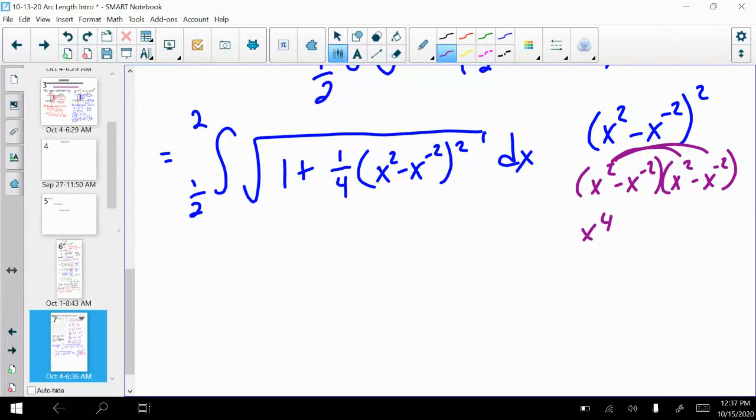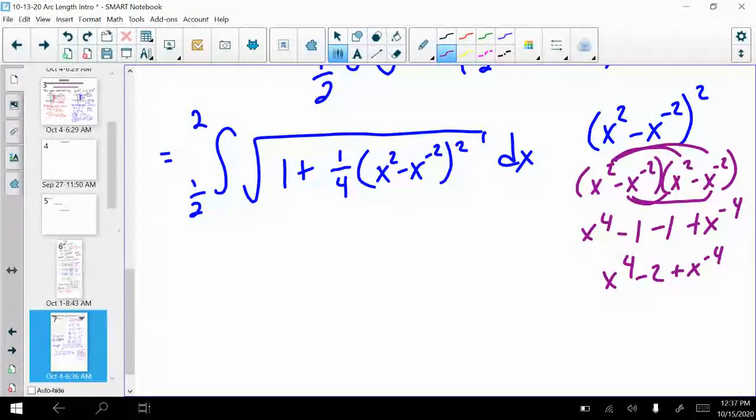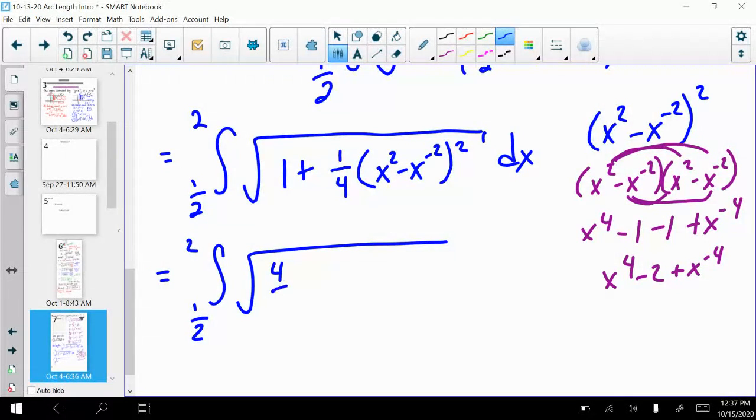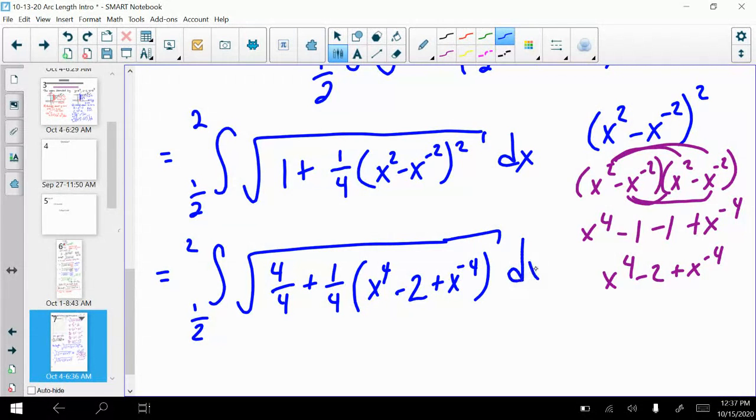And this becomes x squared times x to the negative 2, which is just minus 1, plus x to the negative 4th, which gives me x to the 4th minus 2 plus x to the negative 4th. You follow that? So here we're at 1/2 to 2. I'm going to rewrite 1 as 4/4 plus 1/4 times (x to the 4th minus 2 plus x to the negative 4th) dx. Okay.